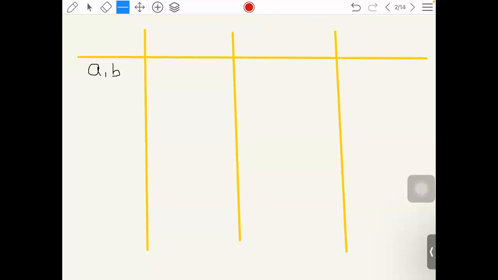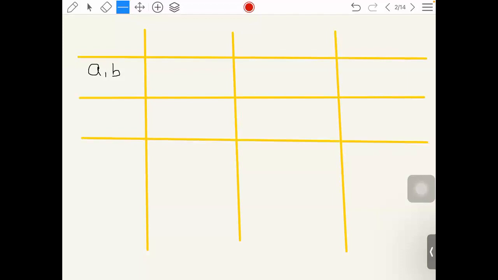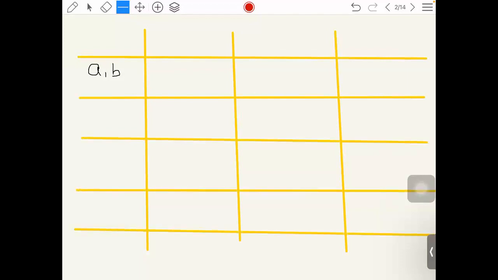So let's see the different cases. This is AM, this is GM, and this is HM.